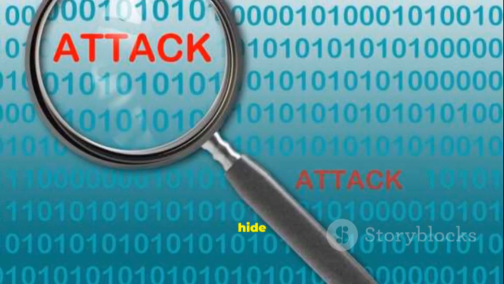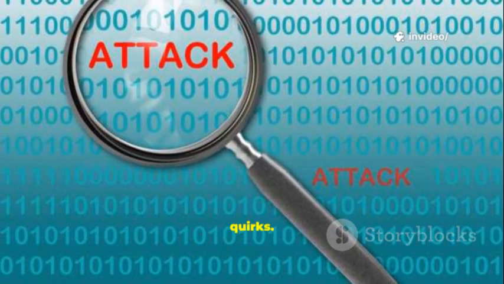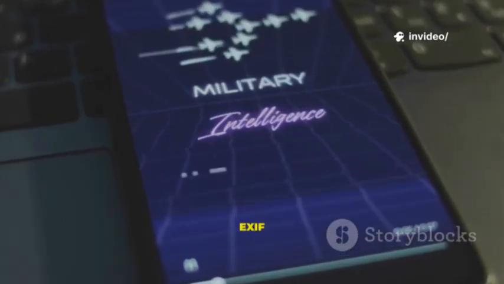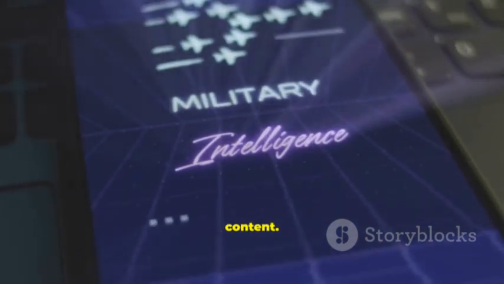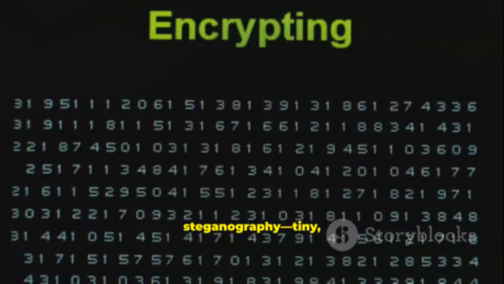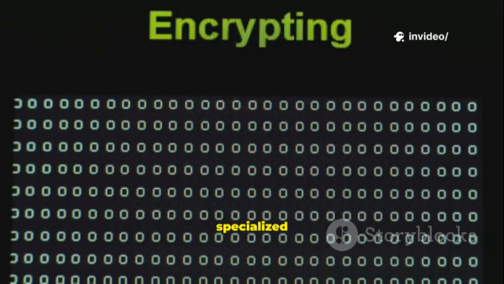So how does code hide inside a picture? Data manipulation and format quirks. One avenue: manipulating EXIF metadata, where parsers don't expect executable content. Another: steganography. Tiny, imperceptible pixel tweaks encode data that specialized or vulnerable processes can read.